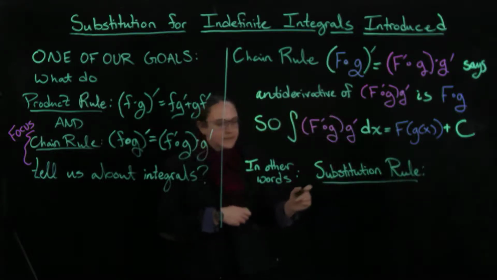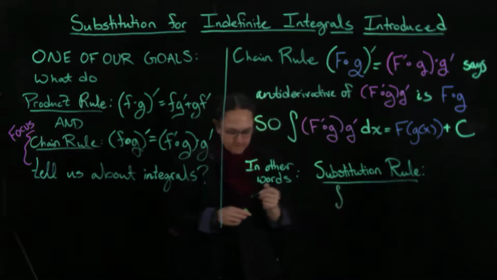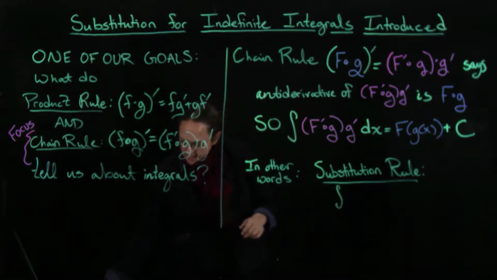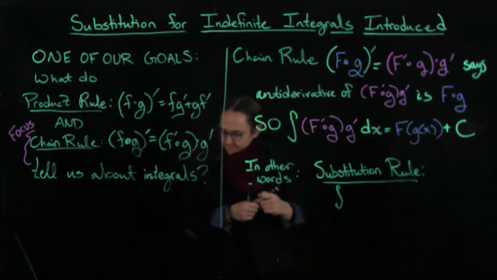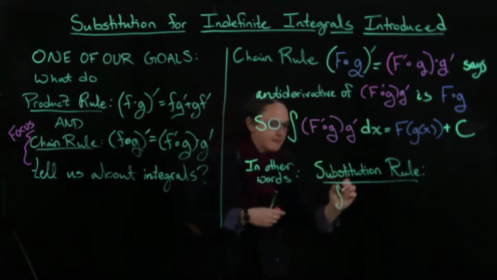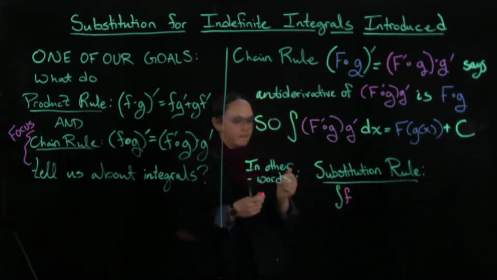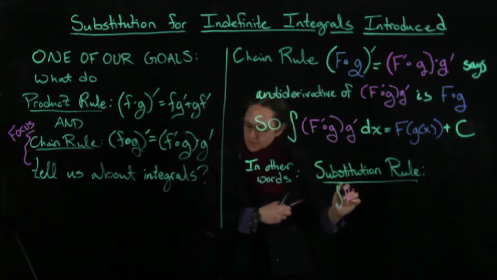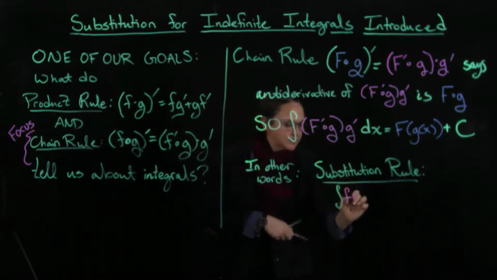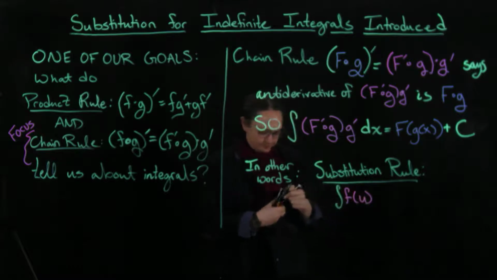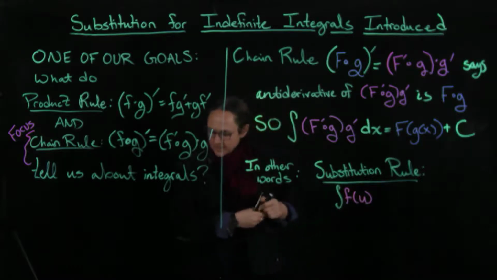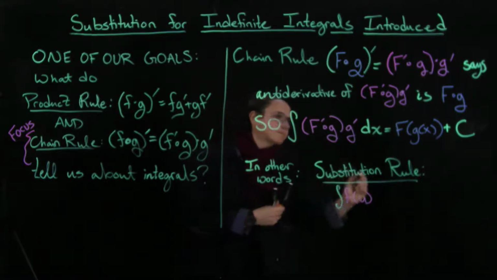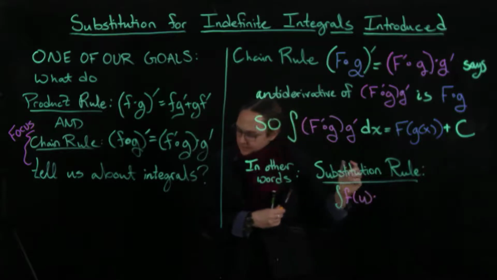If I want to take the integral of f of, and I haven't used orange yet, so let's use that. I'm still going to write this as f of u times du dx.